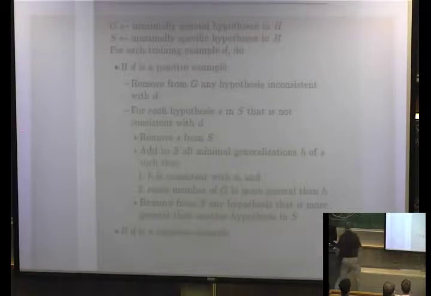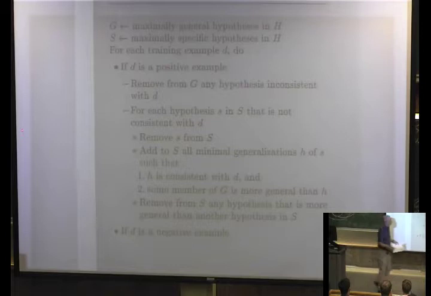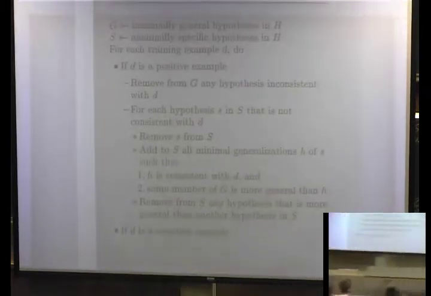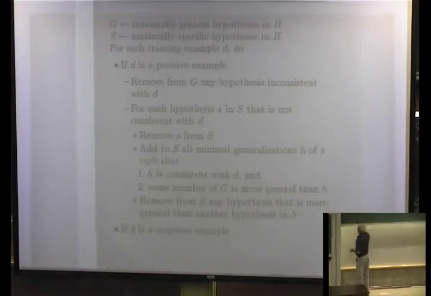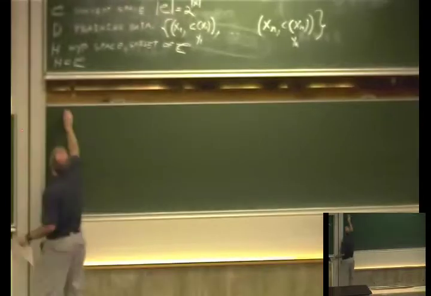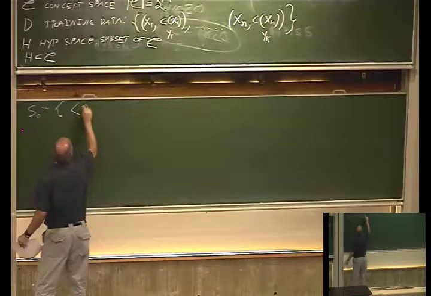So I'll start with that. I'll call it S sub 0, and it consists of this one member which has nulls in it.